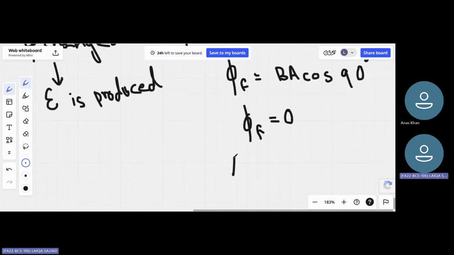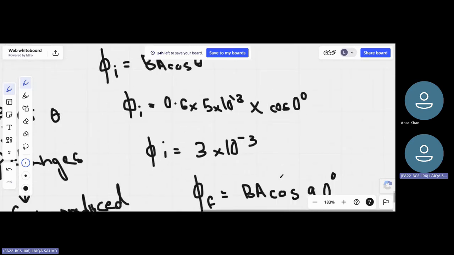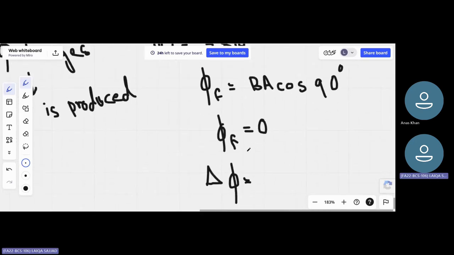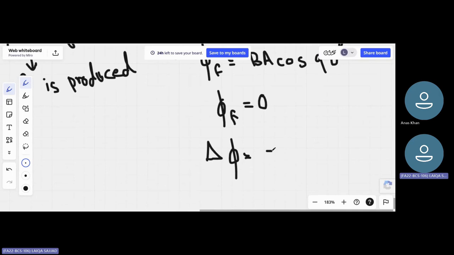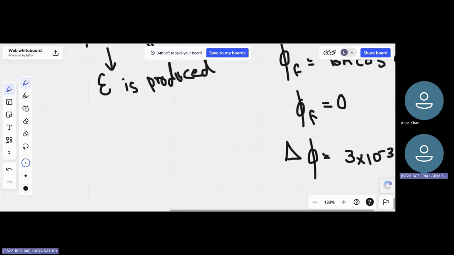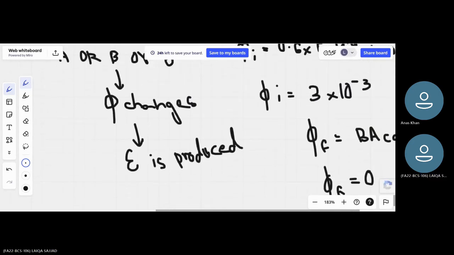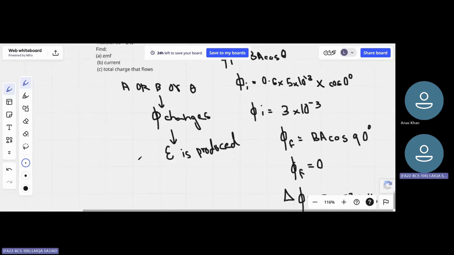To find the change in flux, we simply subtract them both. We get 3 into 10 raised to power minus 3 because the final flux is already 0. So the answer is 3 into 10 raised to power minus 3 Webers. Now we have the change of flux, so we will calculate the EMF.